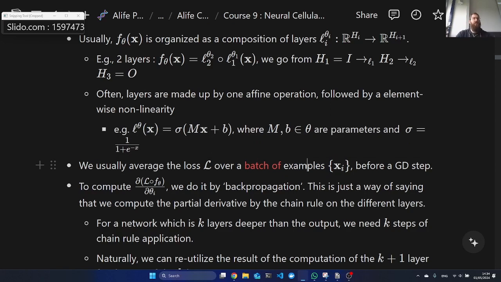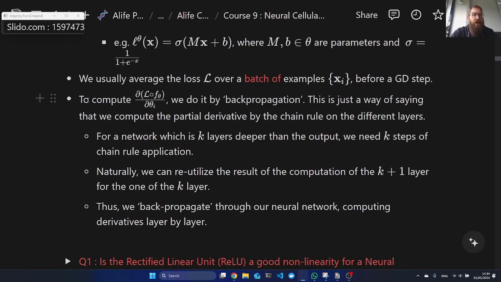And then we do the gradient descent step on this average loss. Okay, why do we do that? Is because we want to find parameters which are good essentially for all our data points, not just each data point individually. So if we take a bunch of data points, we'll be more aligned with this goal of finding parameters which work for any input.